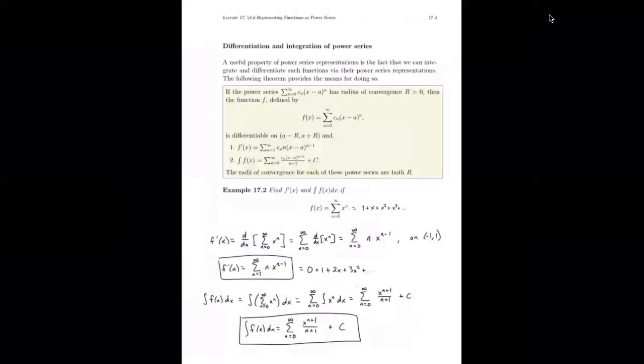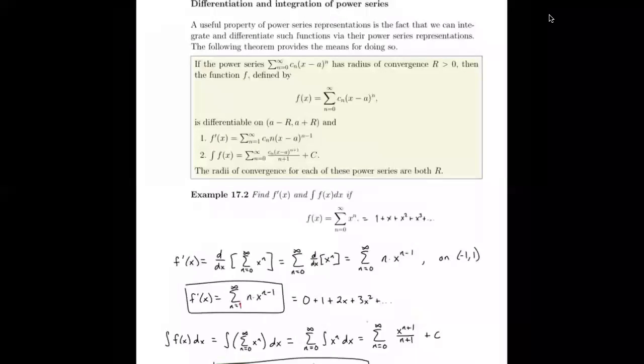Other things we might be able to do to build new power series from old will be to take a given power series, say this one here with center a, coefficient c sub n. It's an infinite series from n equals 0 to infinity. And if we represent it, we say it's a function f of x is equal to this power series, or can be represented as this power series, whichever way we want to think about it.